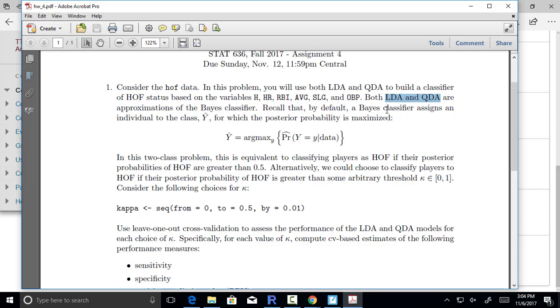And one slightly less simple way is called quadratic discriminant analysis, LDA and QDA. These are the ones I want you to use. Both of these are approximations of what's called the Bayes classifier. So I'll say something about this in class today.